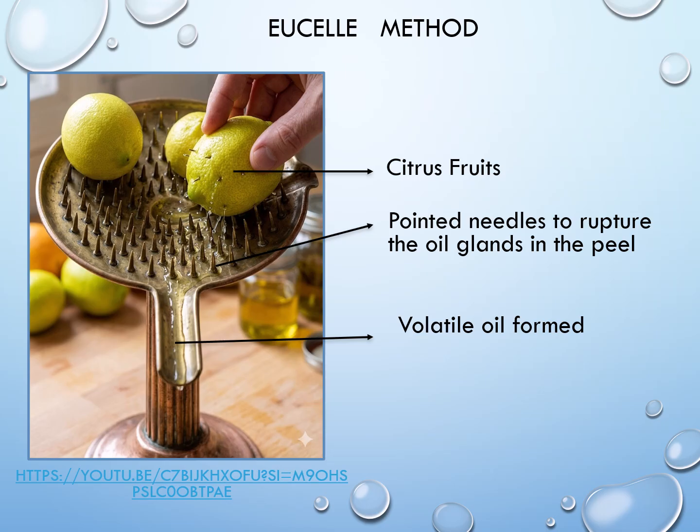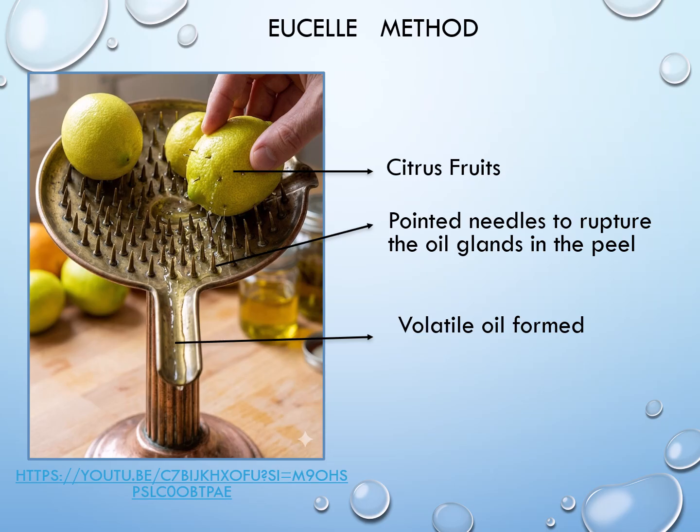On the inner layer of this apparatus, you can see numerous pointed needles, just enough to penetrate the epidermis. And the oil glands in the citrus fruits are present in the epidermal region. So these needles will penetrate the epidermis and break the oil glands to release the volatile oil. And the lower portion serves as a handle and the receiver for collection of oil.